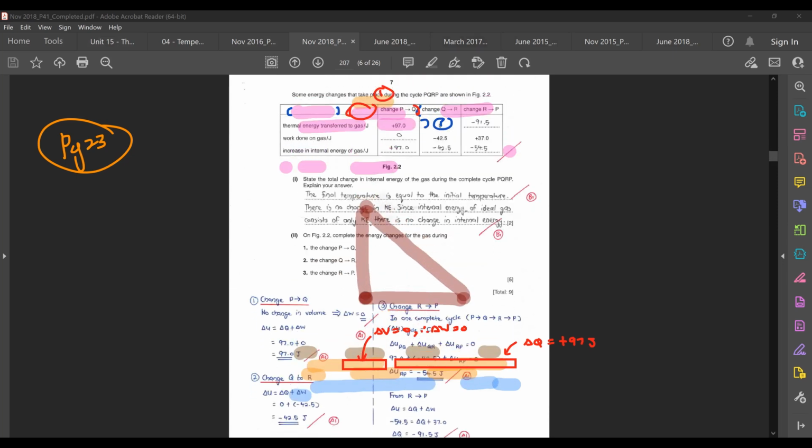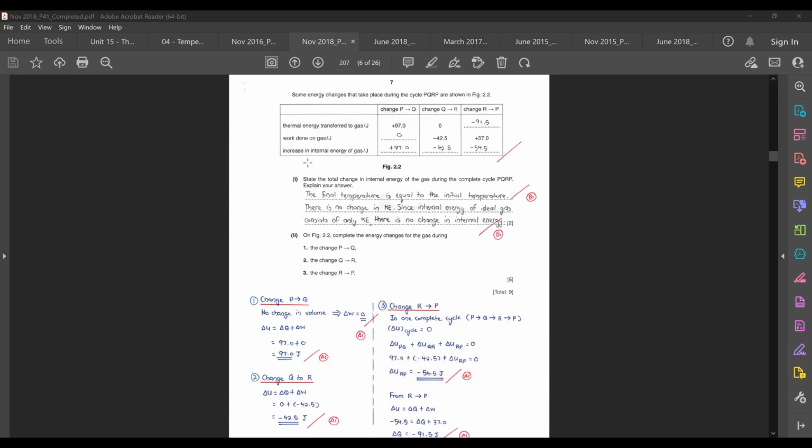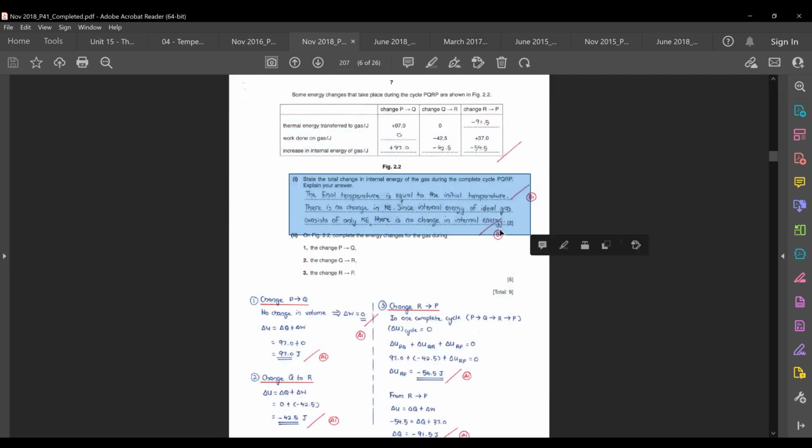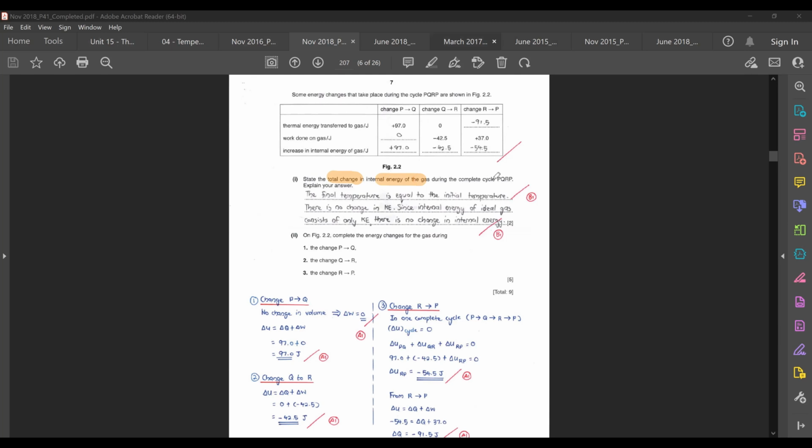Now, if you move on to the subsequent part, you don't need to do the table first because they didn't ask you to do that yet. You just look at part 1. They want you to state the total change in internal energy of the gas during the complete cycle PQRP and then explain your answer. If you recall how the graph looked like, it actually looks something like this.